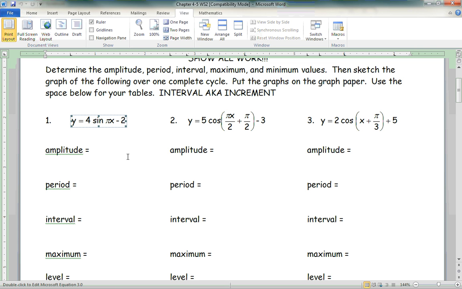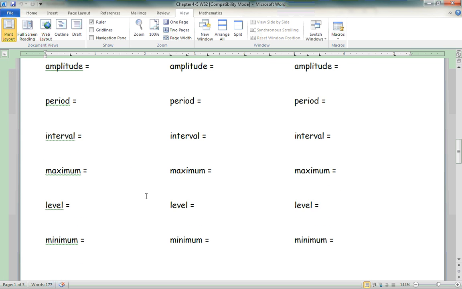Okay, we have an amp, we have a period change, and we also have a vertical move, correct? A vertical shift. Number 2, do I have a horizontal shift there? I do have a horizontal shift. So I have an amp change, I have a period change, I have a horizontal and vertical shift change. Do we understand that? We did number 3.